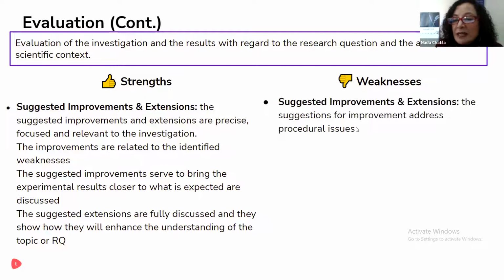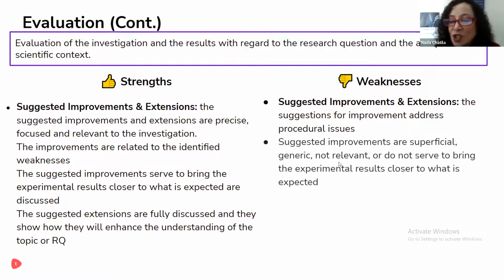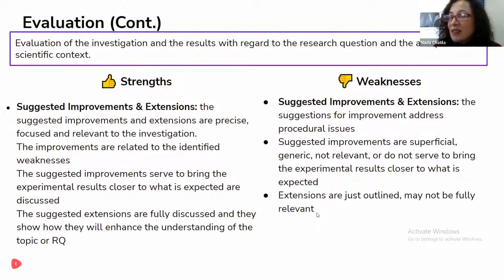Weaknesses would be suggestions for improvement that only address procedural issues, or that are cliche, superficial, generic. For example, "take more repetitions" when more repetitions will not improve the quality of the data, or unrealistic ones like "get more accurate instruments."